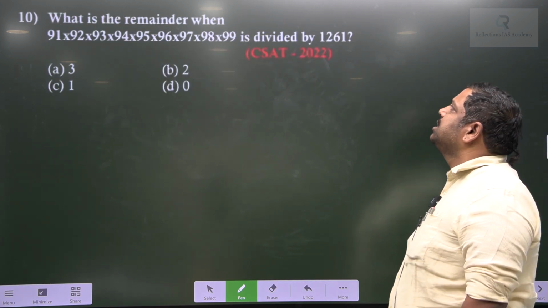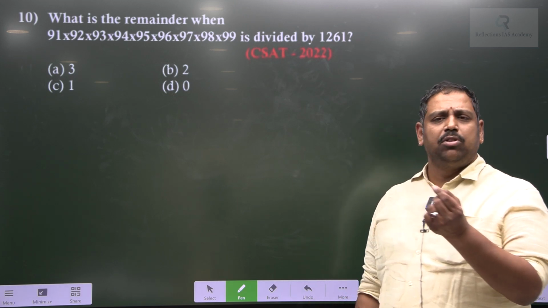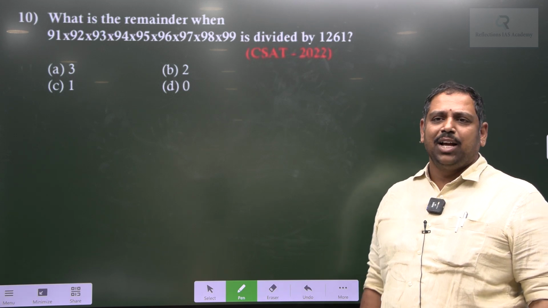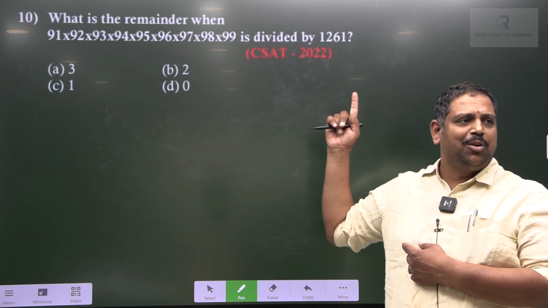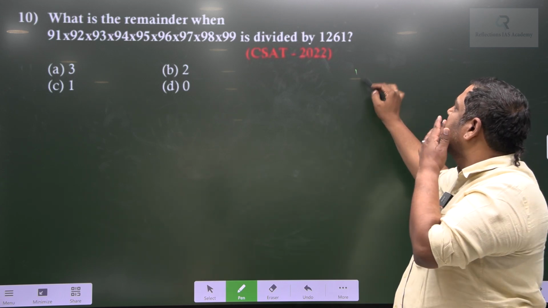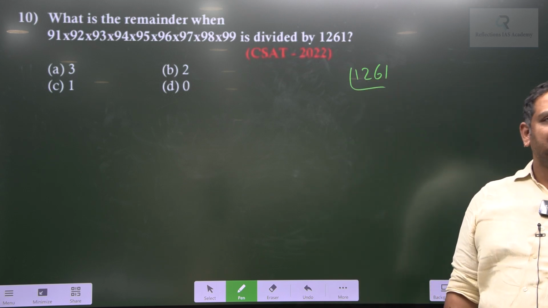What is the remainder when this number is divided by 1261? Any person who has at least a little bit of buddhi will say that the answer is 0. Why? Because you are unable to divide with 1261, right or no? So then what you have to do is factorize it. Prime factorization.